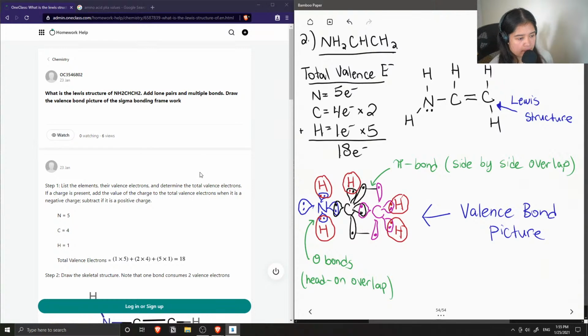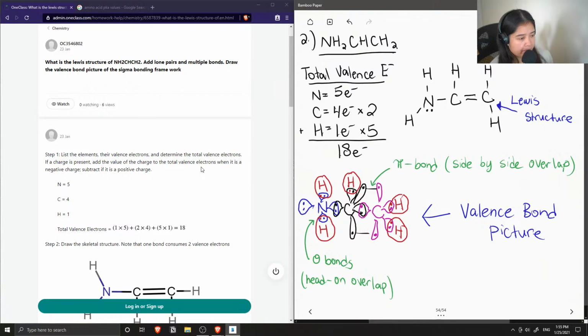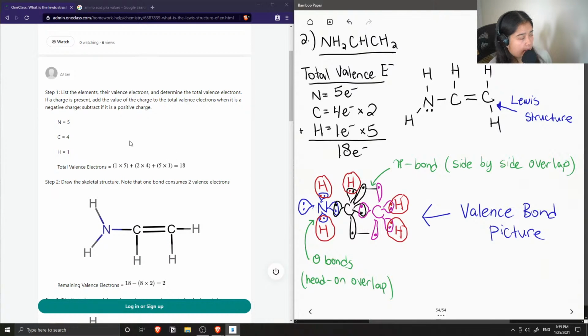Okay, so now let's see what the junior tutor said. Step 1 is to list the elements and their valence electrons. Just give me a second to count that out to make sure that we have a total of 18. And determine the total valence electrons if a charge is present.